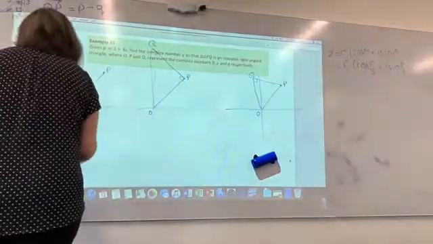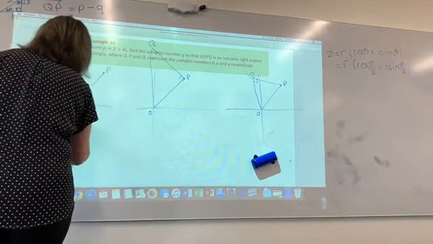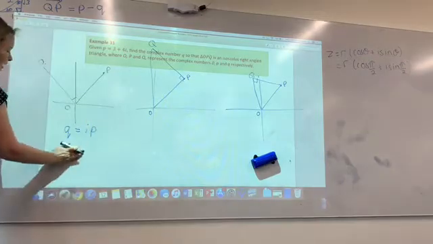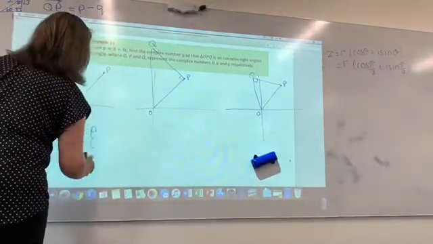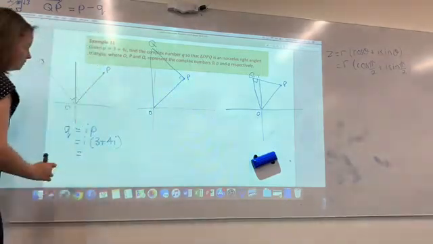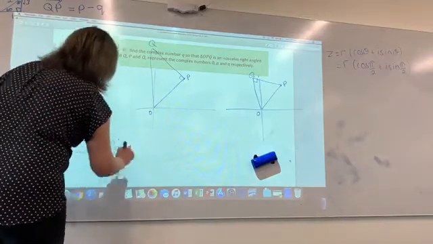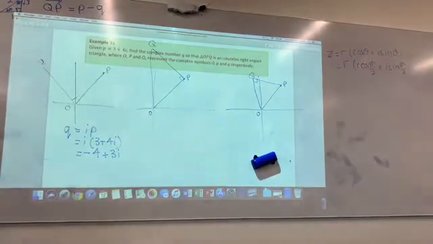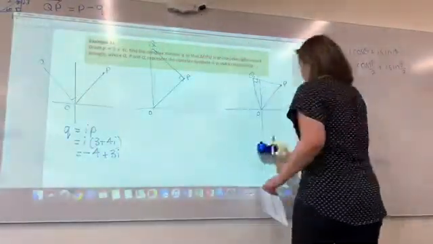So scenario 1, if the right angle is at O, the complex number Q would just be I times P. So I times 3 plus 4I, which will become minus 4 plus 3I. Because I squared will become minus 1. And that's the easiest one out of these three to understand, I think.